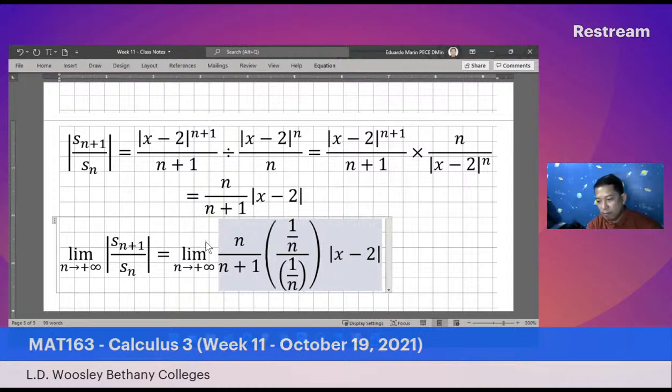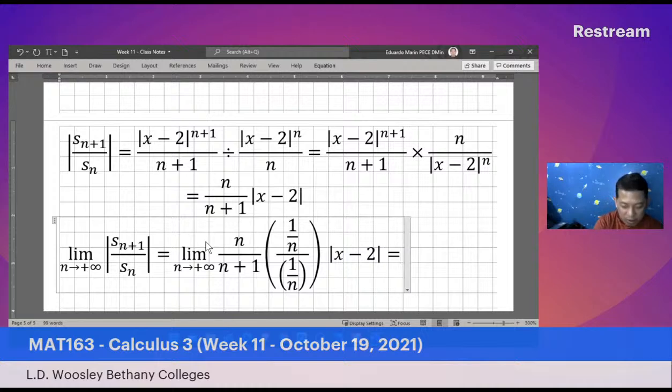Of course, 1 over 1 is reduced to 1. So what remains is the absolute value of x minus 2. So we have here the absolute value of x minus 2.